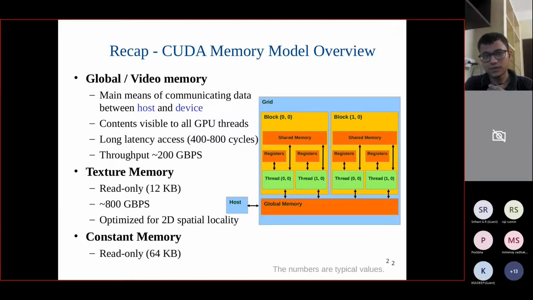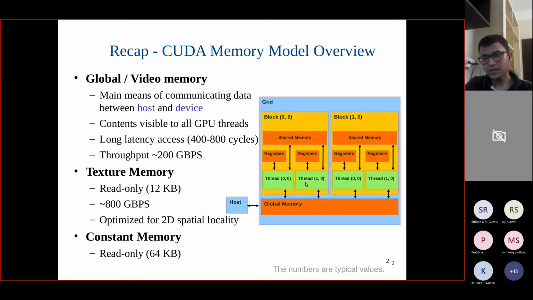So this is where we left off in the last lecture. If you remember, this is the typical memory hierarchy on the GPU. At the lowest level, we have threads, and each thread has multiple registers associated with it.